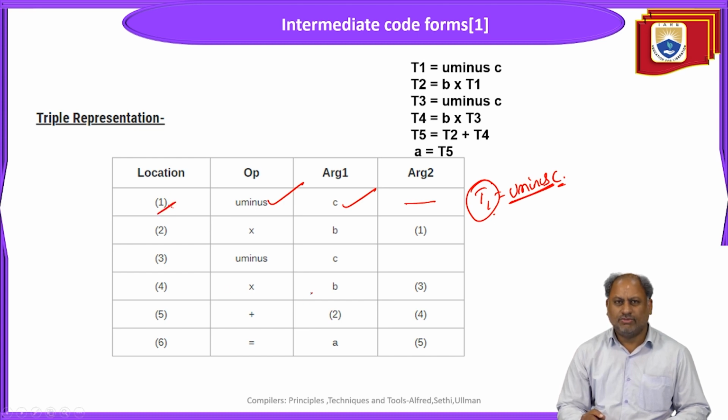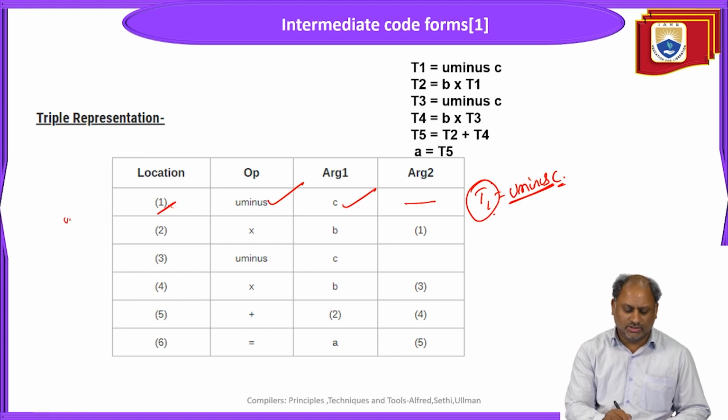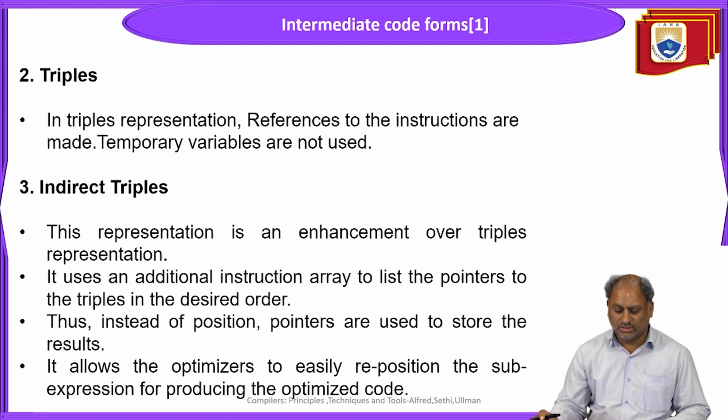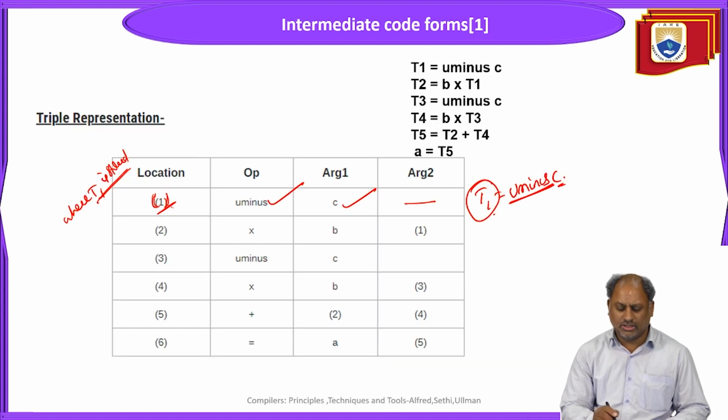That means where T1 is stored, the reference of that instruction. So that location reference instruction is to be written. That is where in triple a reference to the instruction is made instead of the temporary. So here we are not using T1, T2. Instead of T1, a location reference is to be introduced.